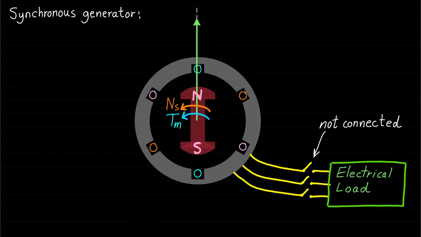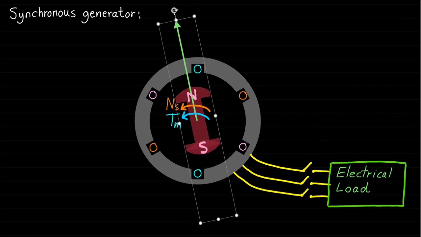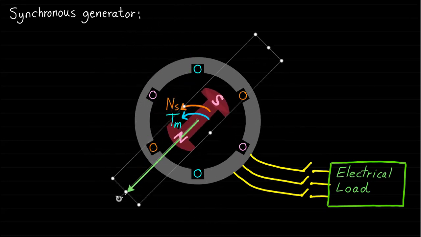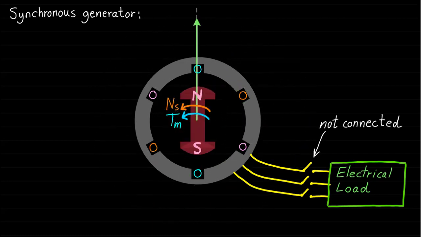As mentioned earlier, the combination of the rotor poles and the mechanical movement will produce the rotor rotating magnetic field. The rotor rotating magnetic field can be represented by the vector Fr in the direction of the rotor magnetic field axis.